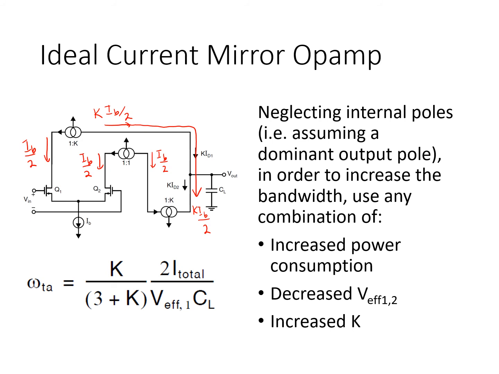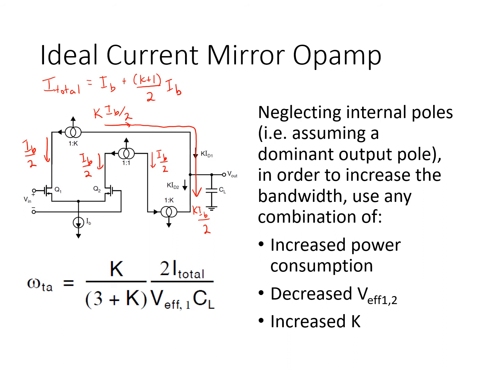So in total, if we consider all the currents flowing from the positive supply to ground, we've got IB flowing in the input stage diff pair, and then we've got K plus 1 over 2 times IB flowing in the output stage.